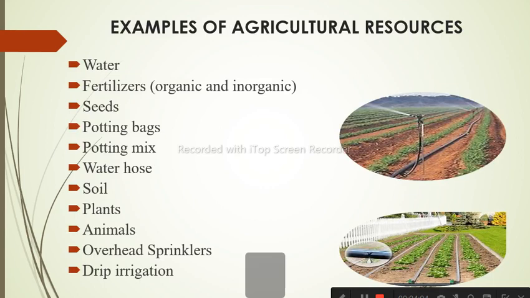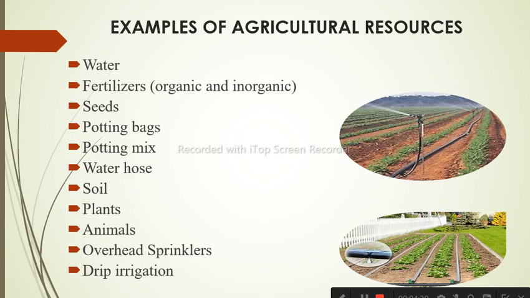Some of these agricultural resources are water and fertilizers, and we have organic and inorganic fertilizers. Organic such as fowl manure, goat manure, cow manure. We have inorganic such as the fertilizer that you will buy at the farm store: phosphorus, potash, sulfate of ammonia, urea, right?